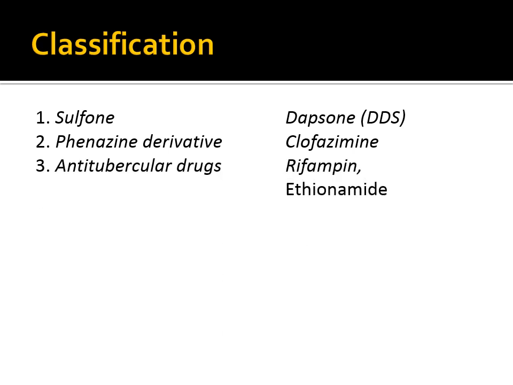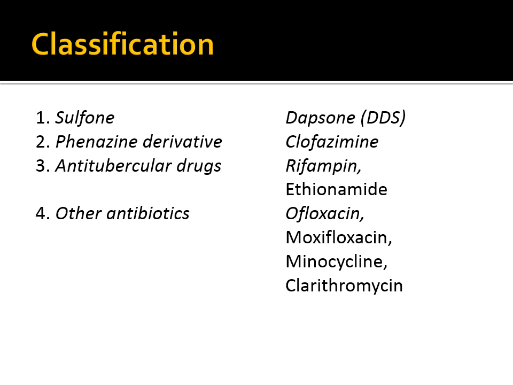The third group are the anti-tubercular drugs. As the name suggests, these are actually useful in tuberculosis, but apart from tuberculosis, they are also useful in leprosy. The drugs are Rifampin or Rifampicin, and Ethionamide. Then the fourth group of drugs are the other antibiotics.